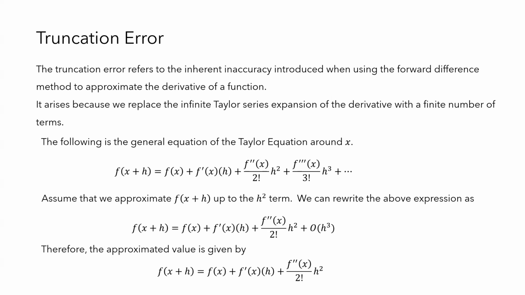So we can write the Taylor series in this way. I was showing it before, and now let's say we think that we can approximate this f of x plus h using the terms up to the h squared term. That means up to here. So what we do is we get rid of all the other terms in the Taylor series, because remember that the Taylor series is written with the terms up to infinity, right? h to the power infinity.